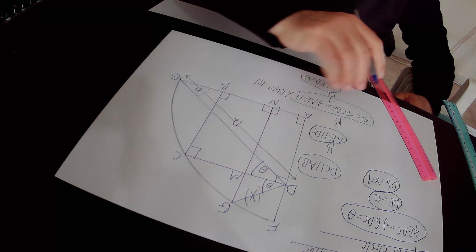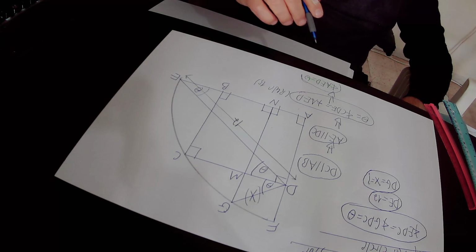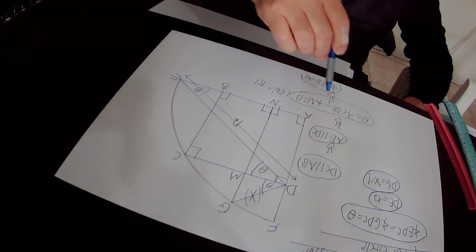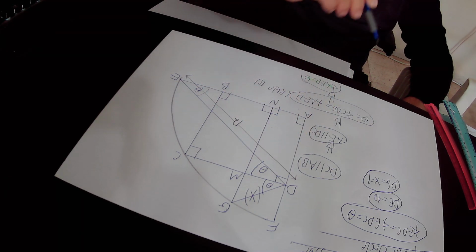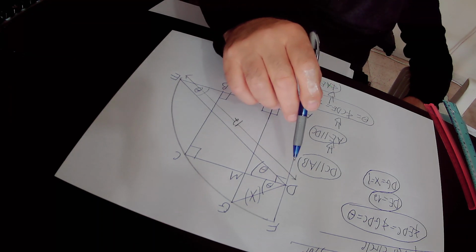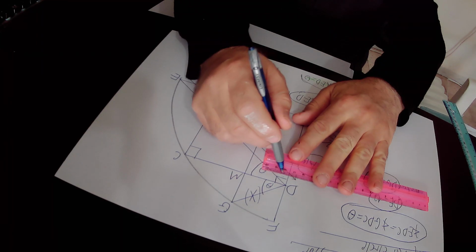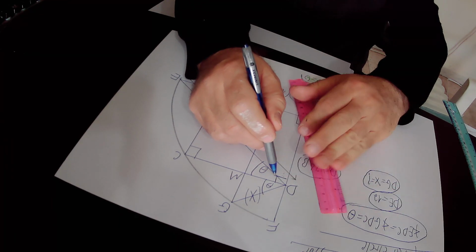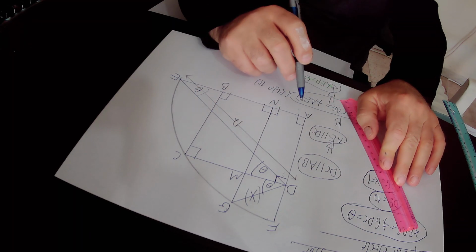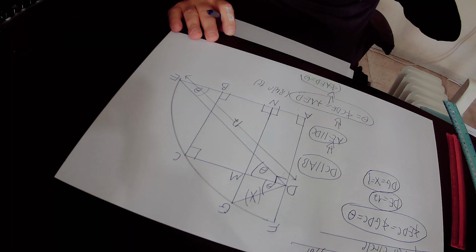By doing this construction, we created quadrilateral DMNA. Inside this quadrilateral DMNA, we have 3 right angles. The sum of 3 right angles is 270 degrees.